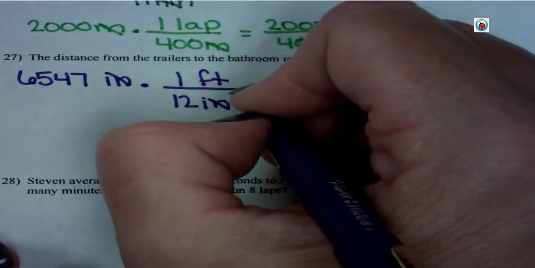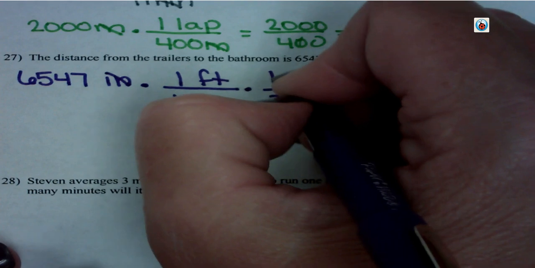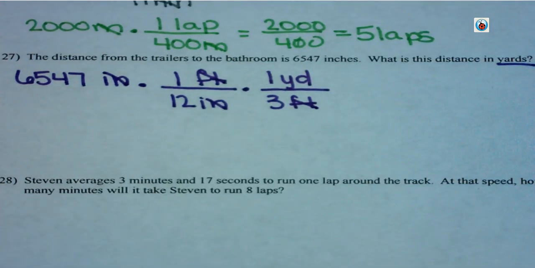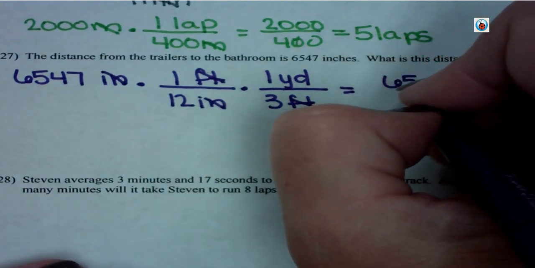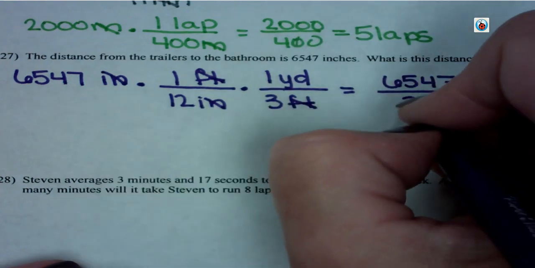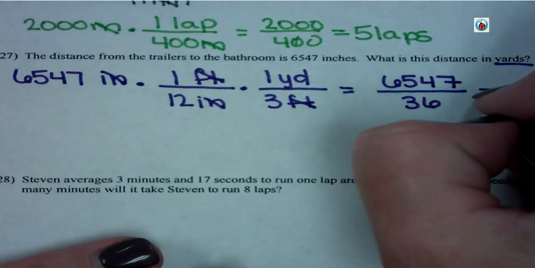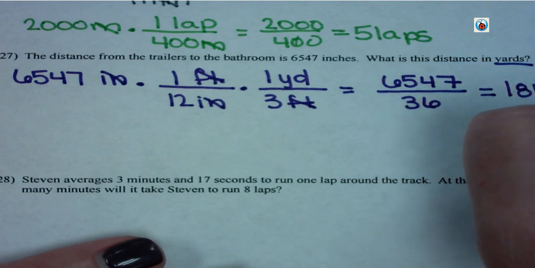But I don't want feet, I want yards, so I know 3 feet equal 1 yard. My feet cancel. Now I have the correct units of yards, so I'm just going to multiply my tops. So I get 6,547 divided by, I'm going to multiply my bottoms, 36. So 6,547 divided by 36 gives me 181.9 yards.